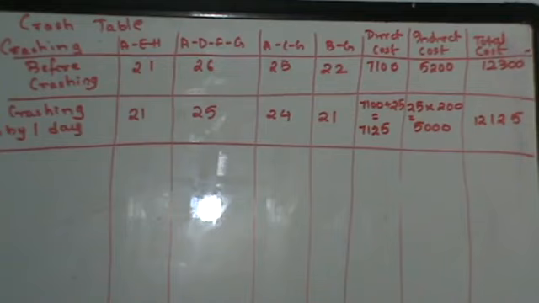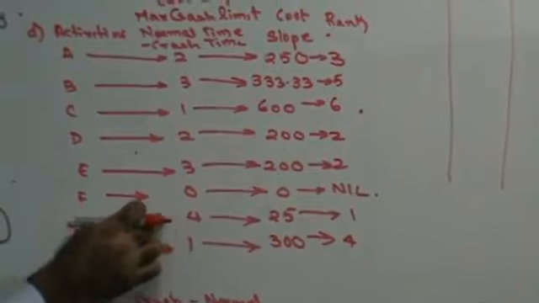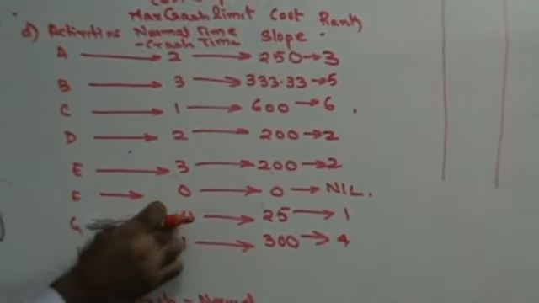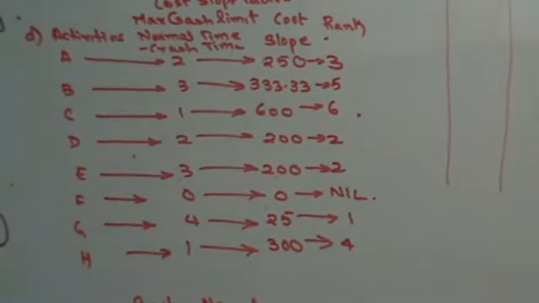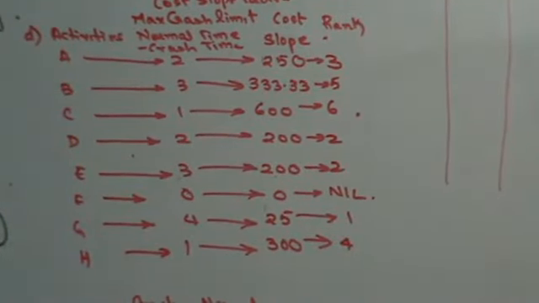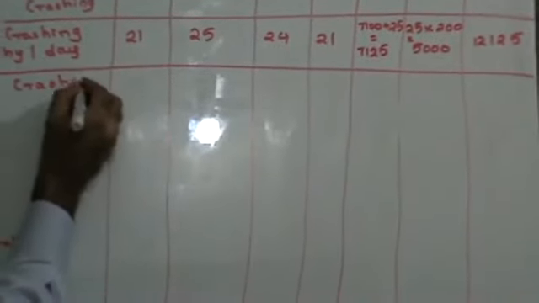Now if you look at the cost slope table, guys, can we see the cost slope table? When you see the cost slope table, you can see that G can be crashed by 4 days. So I have only crashed it by 1 day. I will crash it by 4 days, but by doing it 1 day at a time, right? So now my second crashing will again be G, because I can crash G by 4 days.